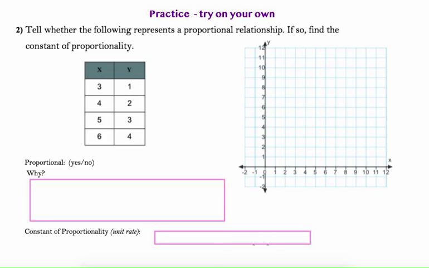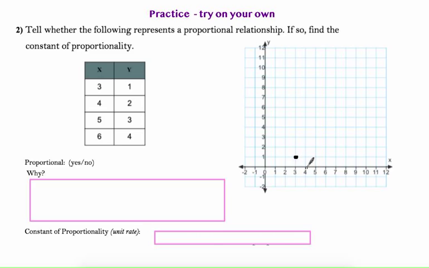Okay, so let's determine whether this following represents a proportional relationship. And again, if it's proportional, you need to find the constant of proportionality. Okay, since we have a table here, instead of calculating the y over x, we're going to just go directly and graph this. So if x is equal to 3, y is equal to 1.